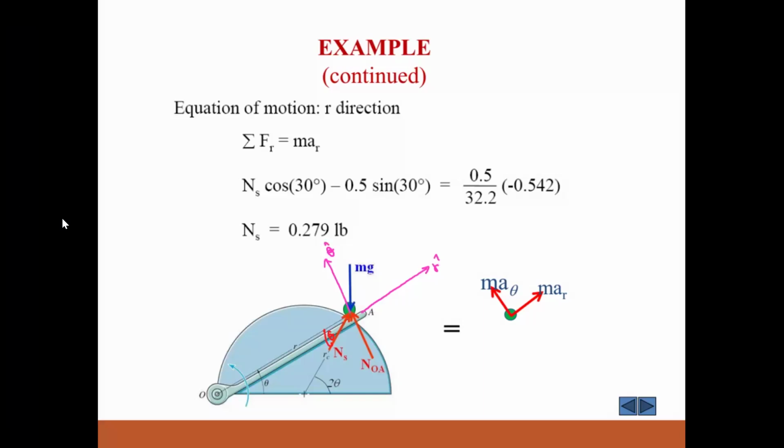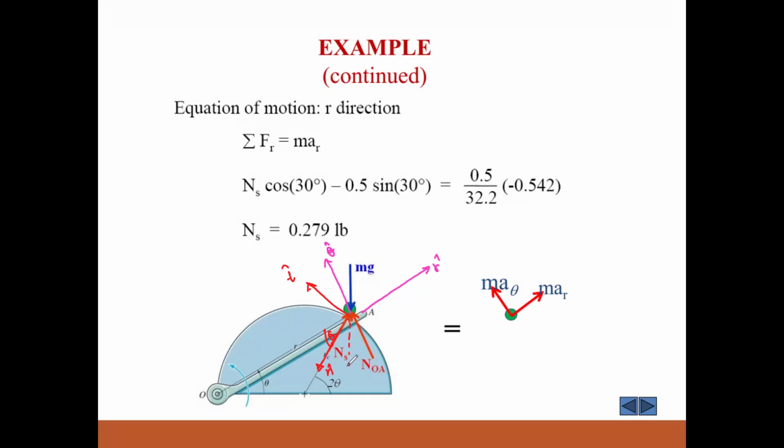And this is the normal direction here, and also this is the tangential direction. In this case, we will form the equation of motion in terms of r and theta instead of x, y, and n, t.